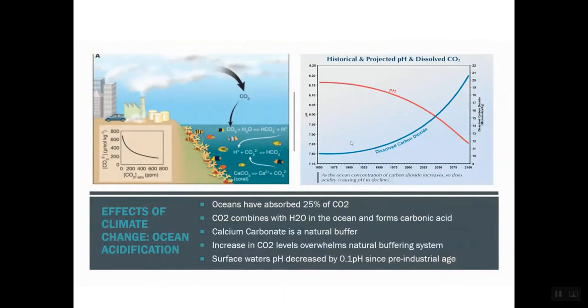Normally, the ocean has a pretty decent system as far as being able to handle carbon dioxide. Unfortunately, oceans have absorbed a quarter of the CO2 that is in the air, so it's starting to change that. Naturally, the ocean, as you can see in the graphic in my shot, in the left-hand corner, I don't know what it is in your guys's, but it's the one that shows the chemistry that is happening in the ocean.